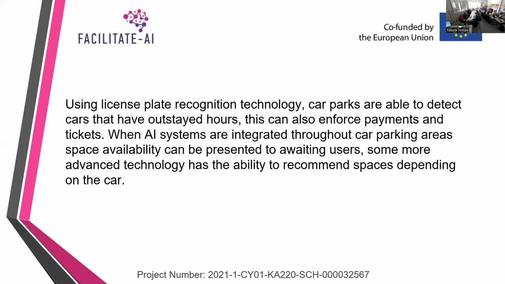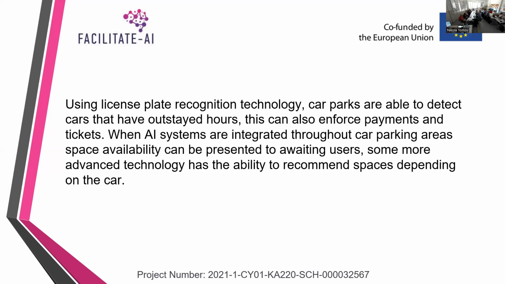Plate recognition technology is very useful as well because car parks are able to detect cars that have outstayed hours, and actually here in Bulgaria even, this technology is implemented in the parkings of malls, for example, where once you outstay your 3 hours, the system automatically recognizes your number and it tells you that you have to go to the machine and pay the fee that you owe the mall.